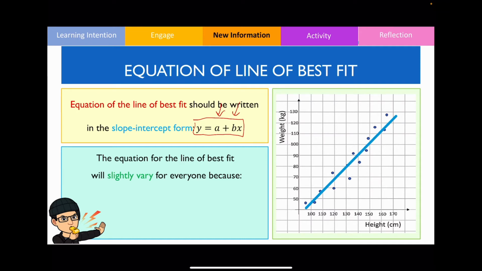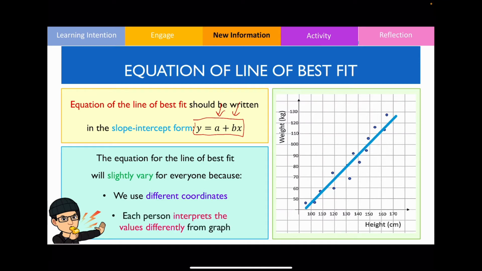The reason is that, 1, each person may use different coordinates, and 2, each person may interpret the value for that particular coordinate very differently. So you might be a number off from each other, and as a result, everyone's equation is going to be slightly different.